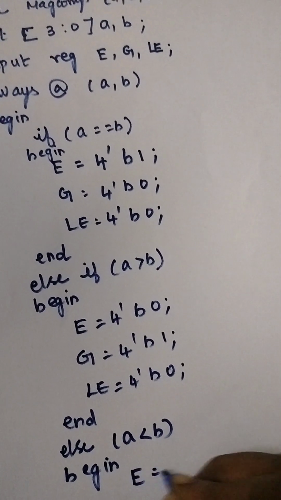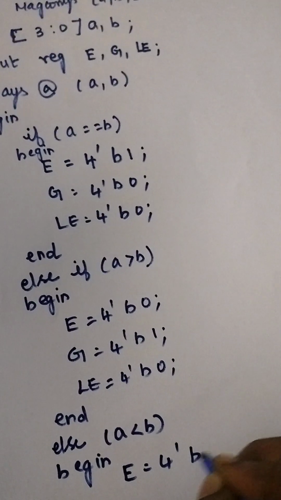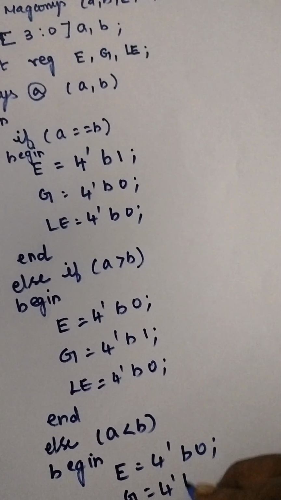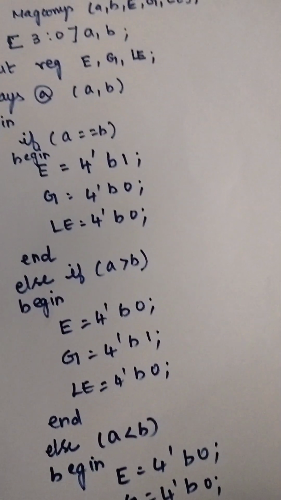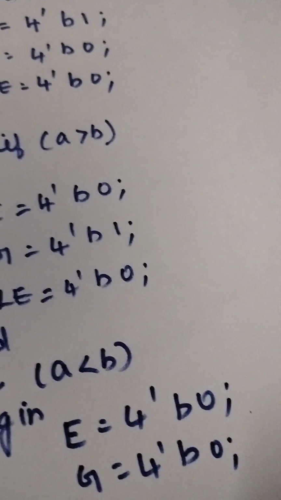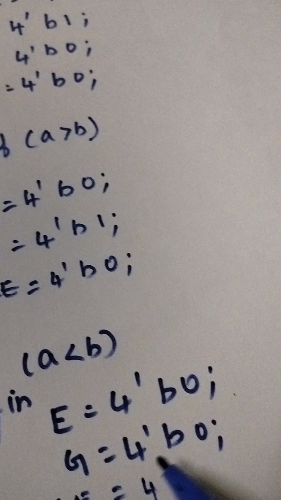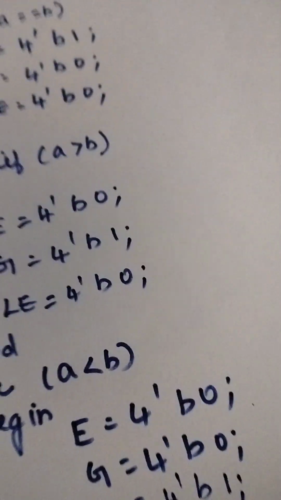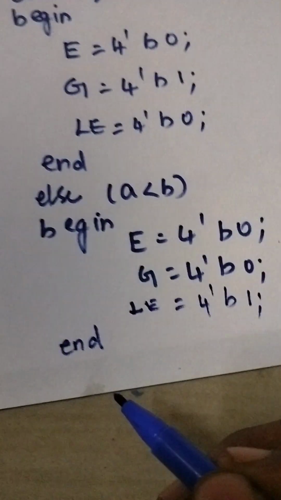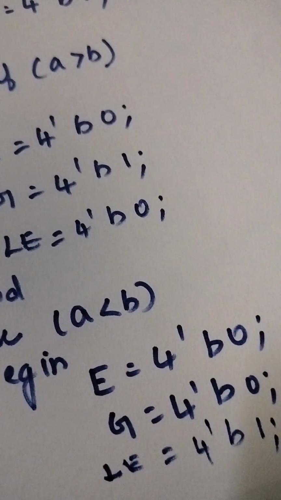If e is equal to 4-bit binary of 0, g is equal to 4-bit binary of 0, and your l is equal to 4-bit binary of 1, and you end this for this begin, and the final end for the above begin, and end module.